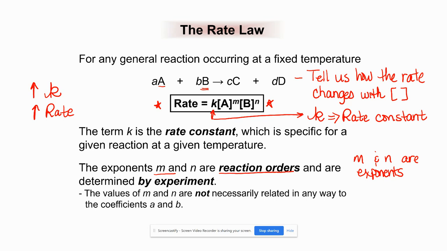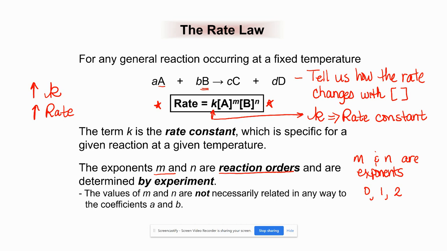That's a whole other section of the text, I think it's, don't quote me, 12.5, somewhere in there. Okay, so we're going to get to that. Now M and N are exponents. Common orders for M and N are 0, 1, 2. We're going to come back to that in just a moment.